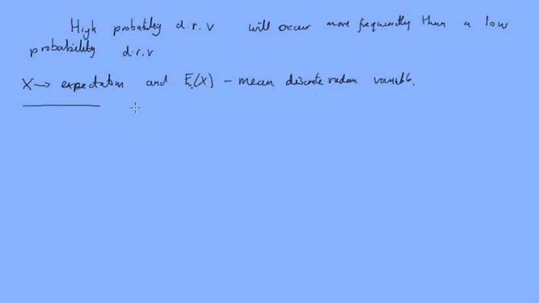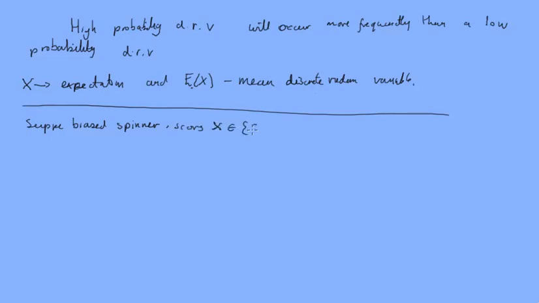So let's look at some examples. Let's look at how this actually works. So suppose we have a biased spinner, and the score, which we're going to call x, can be 0, 1, 2 or 3.